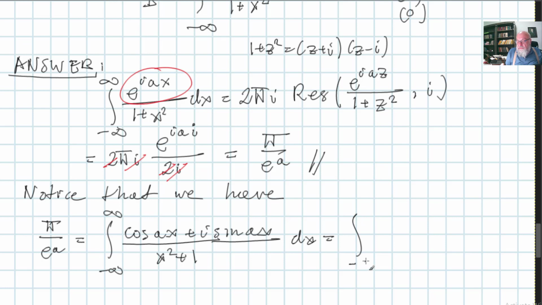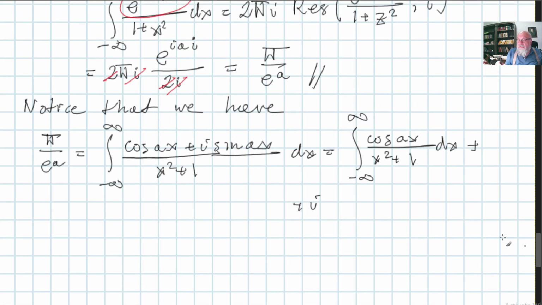Then you can split into two integrals: the first integral of cosine ax over x squared plus 1 dx, plus an imaginary part, i times the integral from minus infinity of sine ax over x squared plus 1 dx.